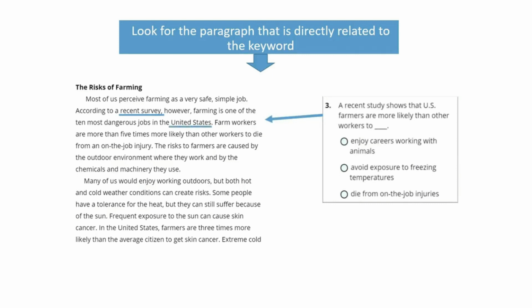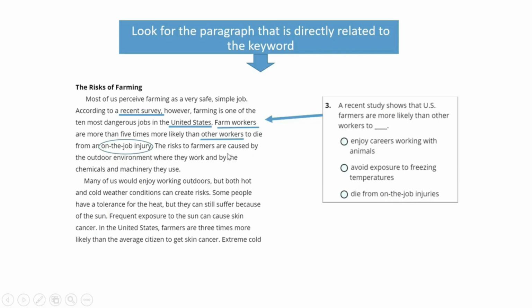And it's in the United States, and it says US in the question. And it's about farm workers, and it says farmers in the question. And it mentions a comparison with other workers, and we have other workers in the question. And we have here on the job injury, and in the choices you see we have on the job injuries. So this shows us that this paragraph, without a doubt, is the paragraph we're looking for.